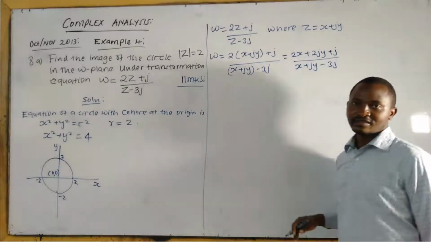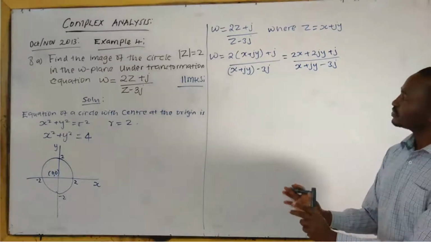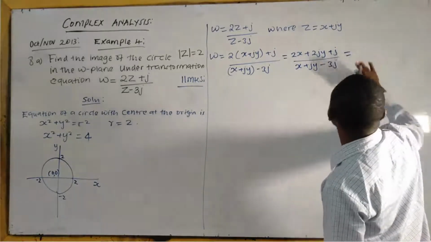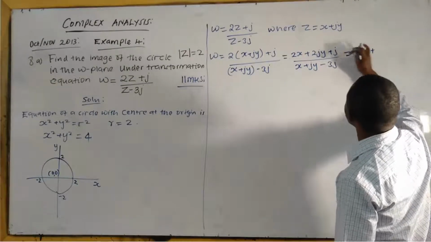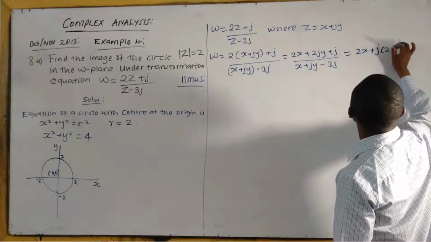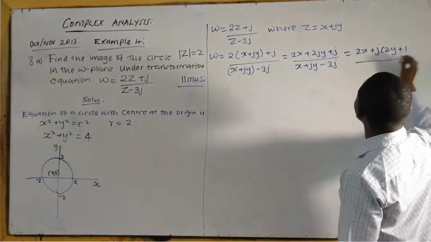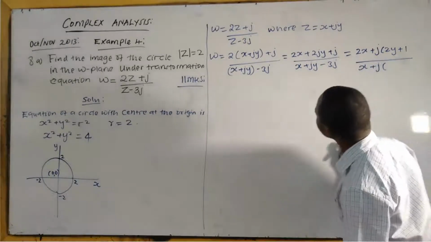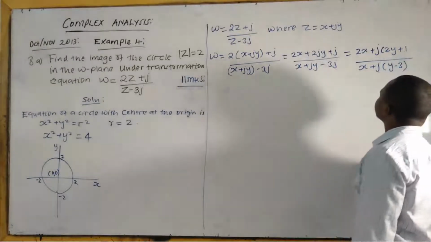Let us separate the real and imaginary parts. We can do that by factoring out the j, so that we have 2x plus j(2y + 1) over x plus j(y - 3).